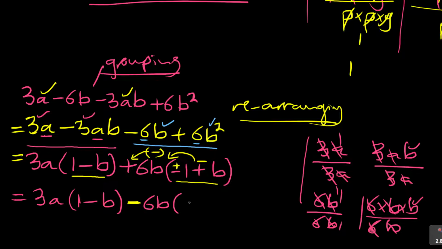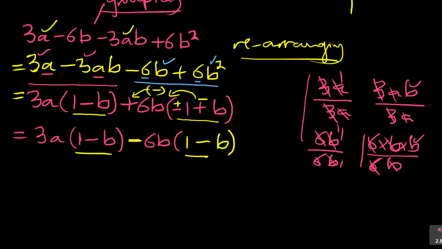So now what you have becomes 1 minus b. Look at this now. 1 minus b, 1 minus b. You have merged. It has merged. So you've got equal to 3a, 1 minus b, minus 6b, and it's 1 minus b.